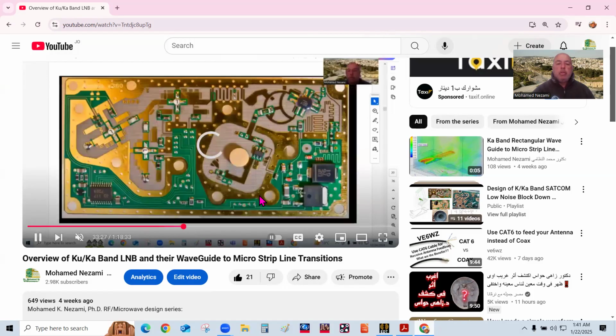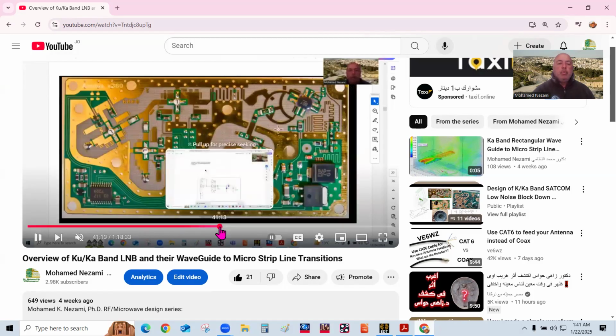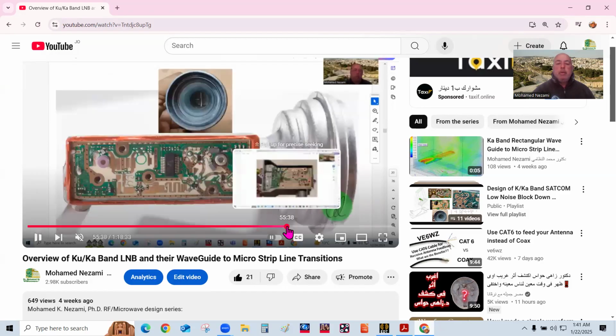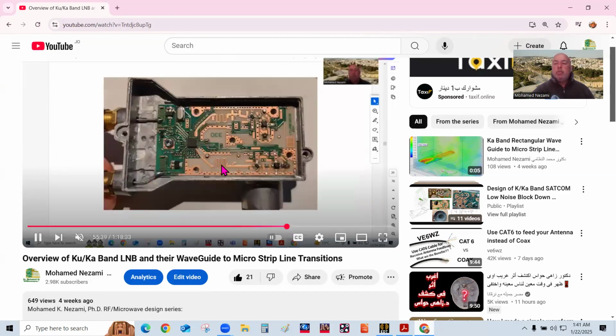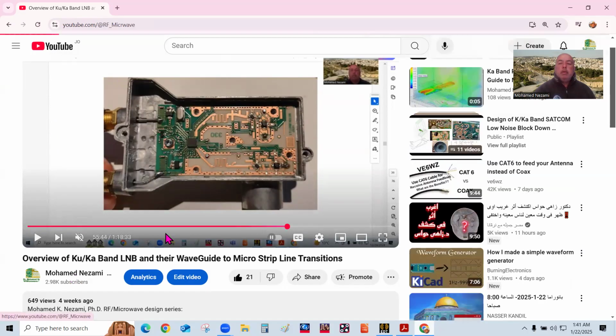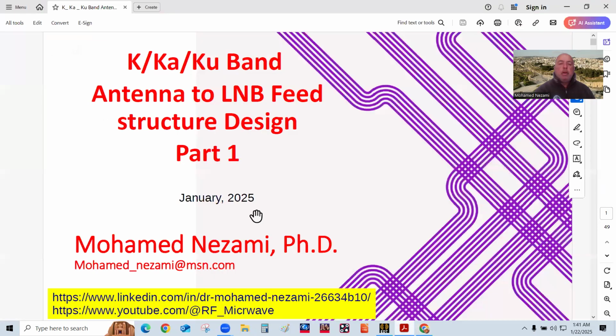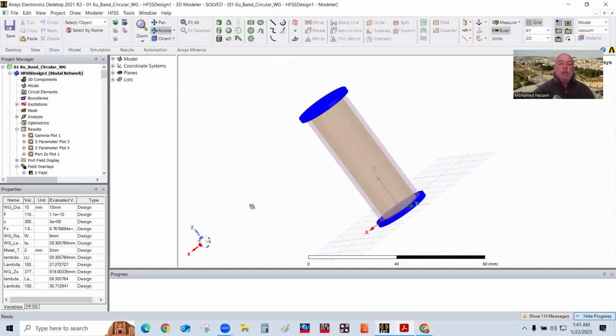I surveyed a whole bunch of LNBs and looked at how the vertical and horizontal feed mechanism is performed. So we're going to start looking at this.